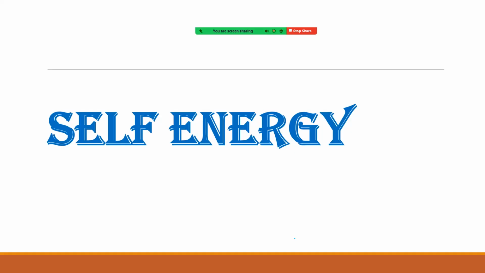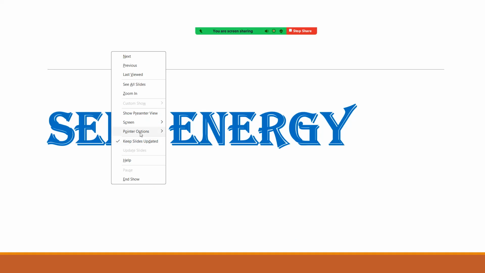That is about self energy. If they ask any problem based on this, see how to solve. Suppose we are given one spherical shell, of mass m1 and radius r1.